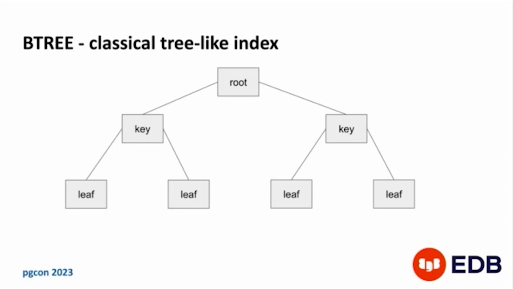And then on the leaf page, which is over here, you have essentially a mapping from the key, for each row containing the key, to something we call CTID, which is essentially the physical location of the row, right? So you know that if you are searching for this key, you need to go to the table on this location. And that's the tuple that is matching the condition, right?